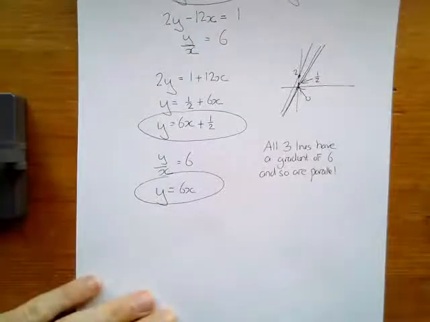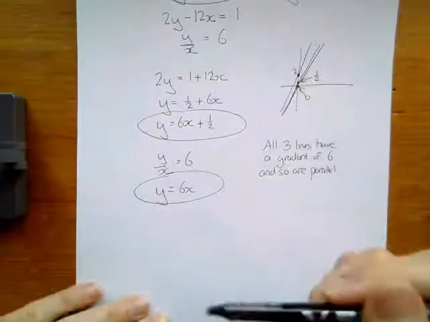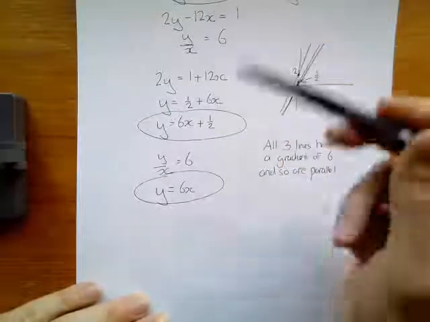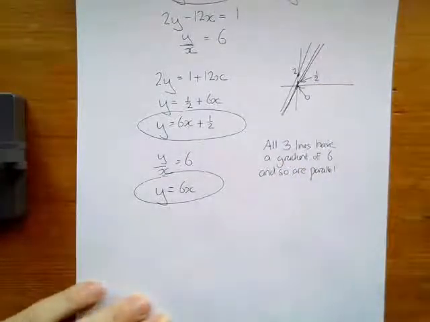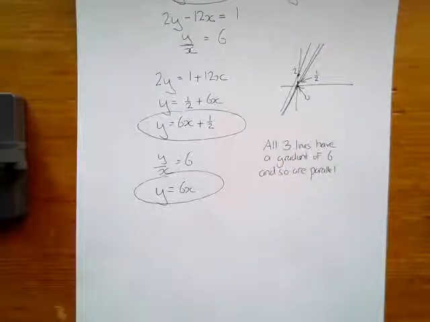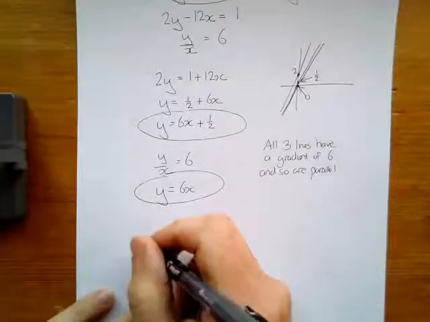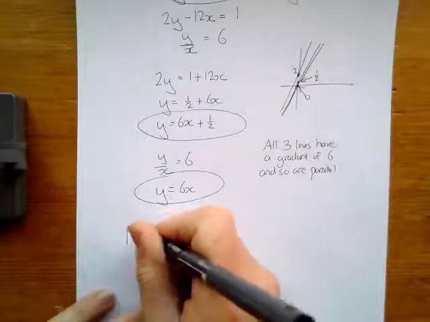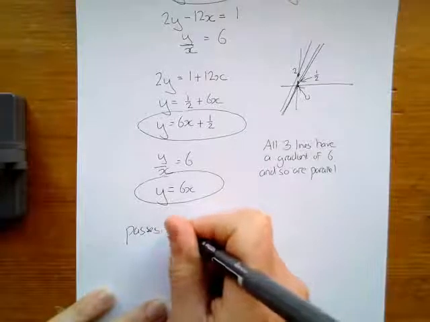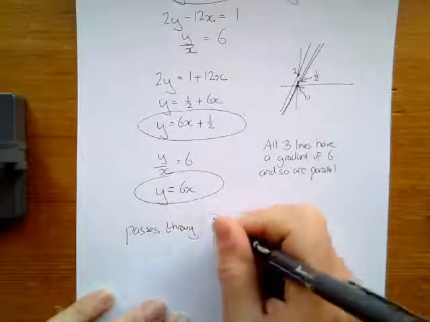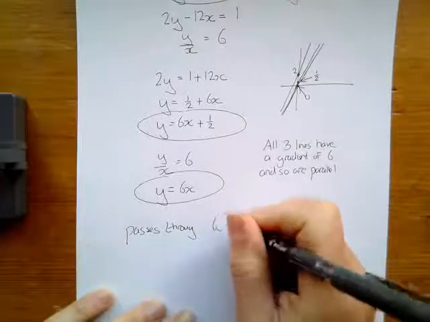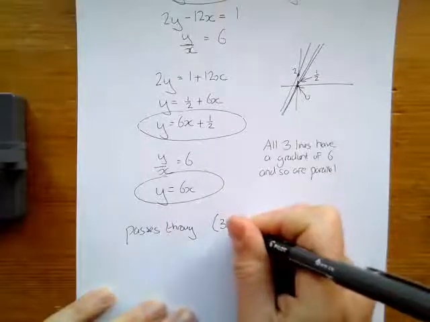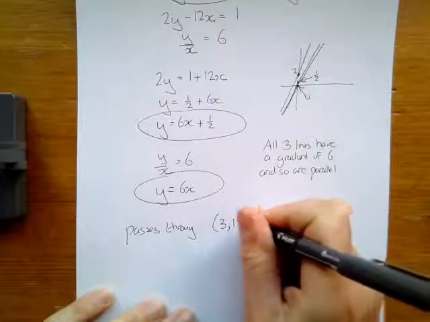about, is could you come up with another line that is parallel to these 3 that passes through a particular point? Suppose I'm told that the line passes through, I'll just make one up, 3, 15.